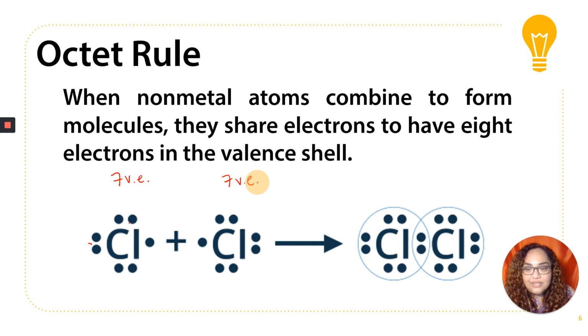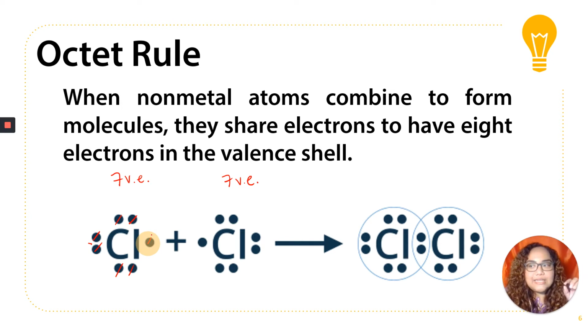If you count that, there's 1, 2, 3, 4, 5, 6, 7. So how many electrons does it lack? It lacks 1. That would be the same case for the other chlorine atom because they're the same element, right?